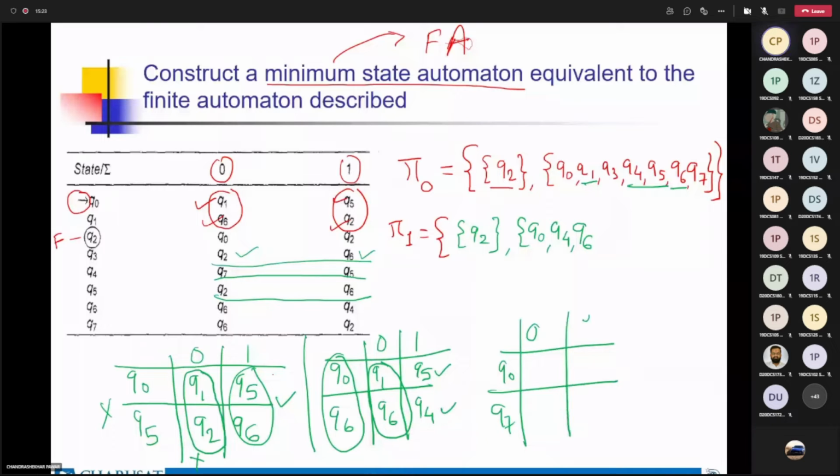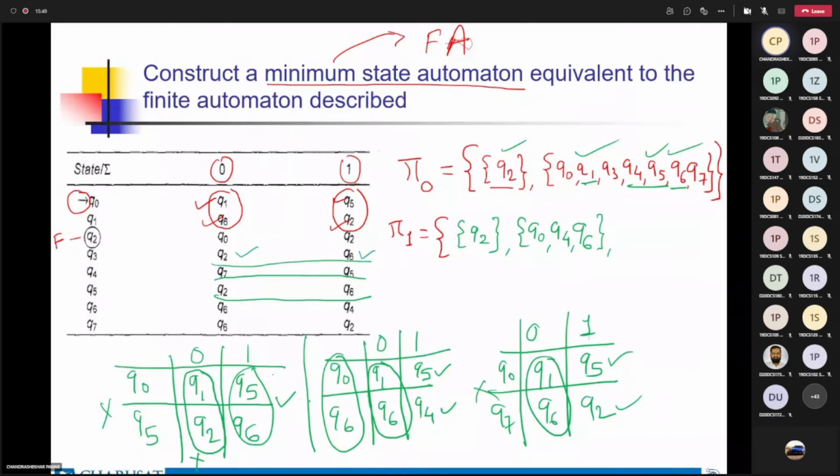So Q1, Q5, Q7, Q6, Q2. So Q1 and Q6 are within one set, but Q5 and Q2: Q5 is here, Q2 is here, so they are not equivalent. So only two states are equivalent with Q0, that is Q4 and Q6. So we will write down as it is.